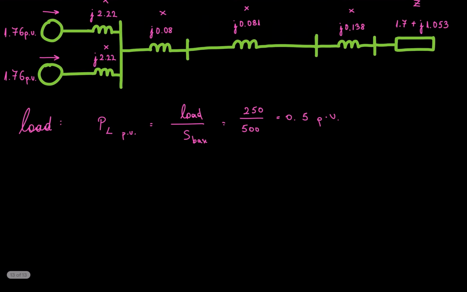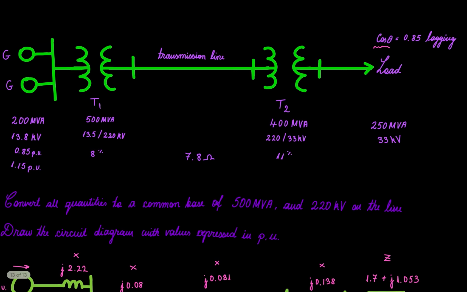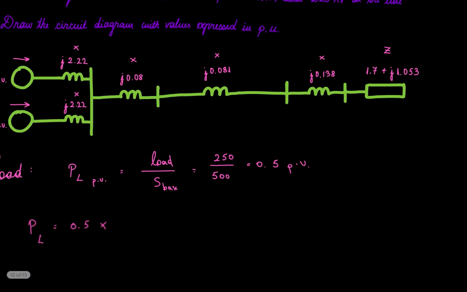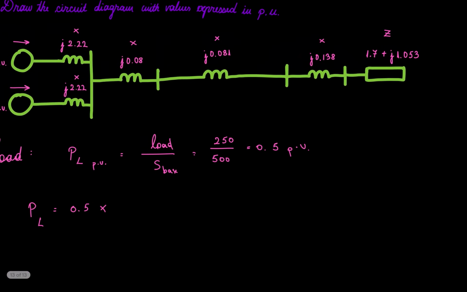How can we use this further? We can use this to find the power of the load as what we have here in per unit times the power factor. What's the power factor here? Cos theta, which is 0.85 lagging. So 0.5 times 0.85 is going to be 0.425 per unit, and this is your cos theta.